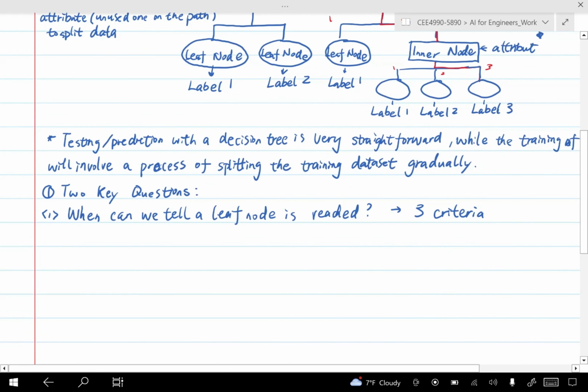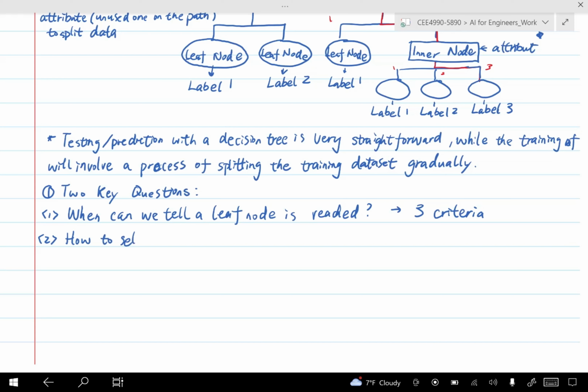The second question that you may get is how to select the attribute to split the data. We know that for every node, we need to determine which attribute we will use for data splitting. So the selection of the attributes will determine what the tree looks like and how the data will be split.